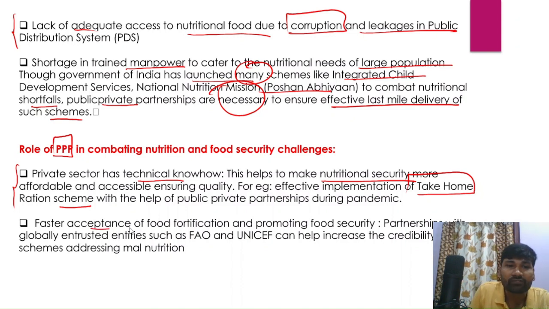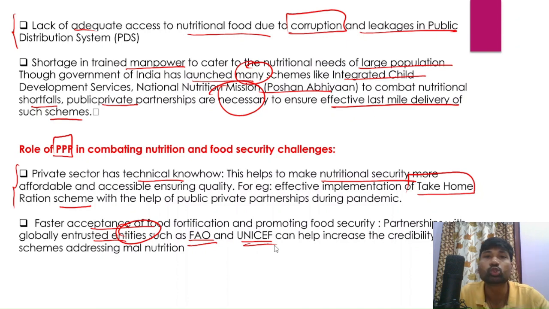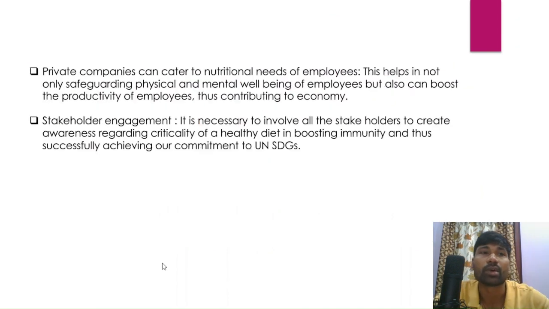So apart from that, the faster acceptance of food fortification and promoting food security is also a very important intervention that has to be taken from the public and private partnership perspective. And partnerships with globally respected entities such as the Food and Agriculture Organization and UNICEF can usually help increase the credibility of such schemes in addressing problems such as malnutrition.